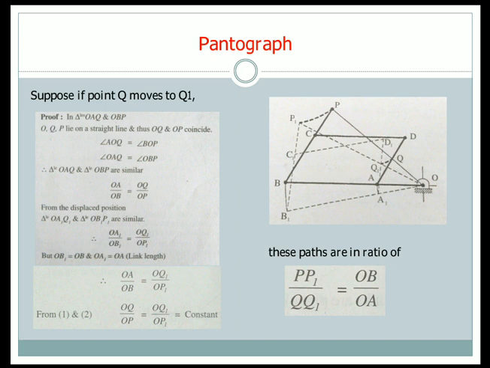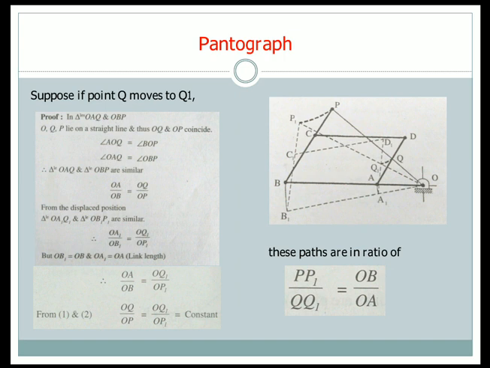Therefore, we can take the ratio of OA1 by OB1 is equal to OQ1 by OP1. We shall call this equation 2, and we shall call OA by OB is equal to OQ by OP as equation 1.